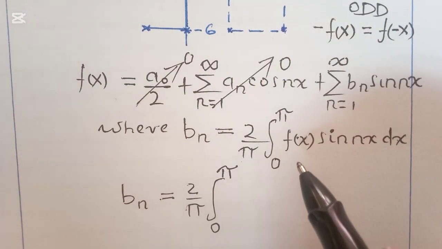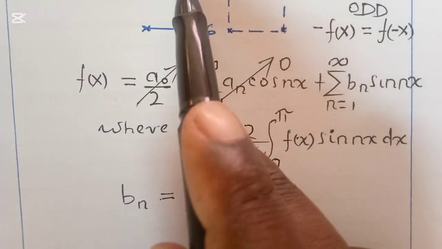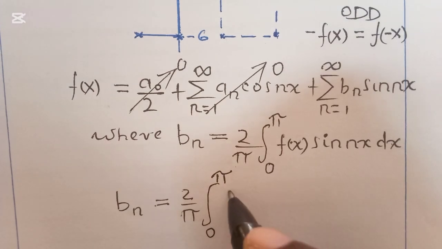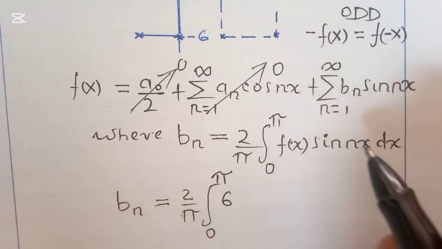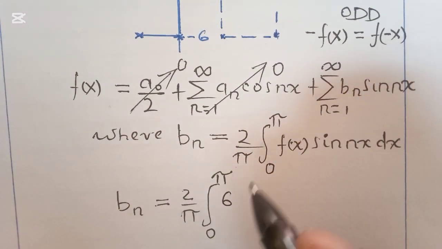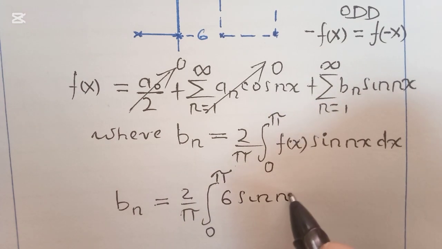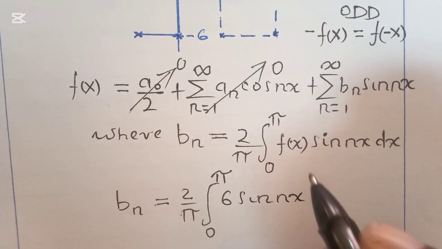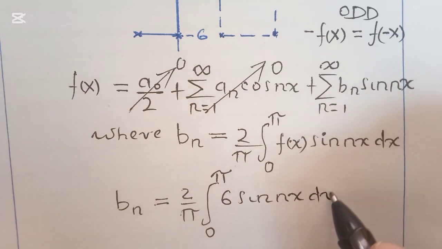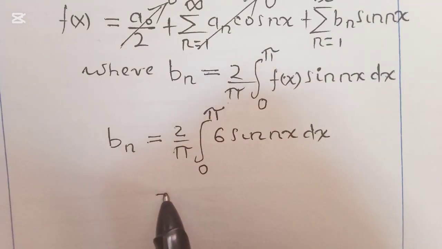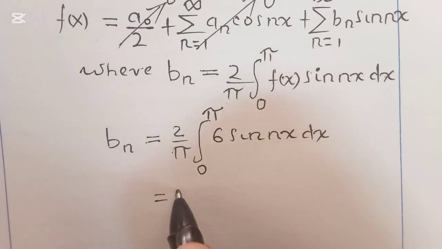We use the first function, that is 6. So we are going to put 6 here as our function, and then we have sine nx dx, like that.